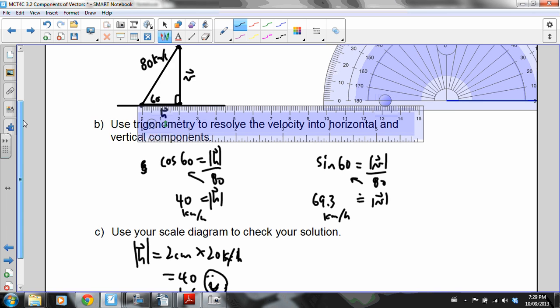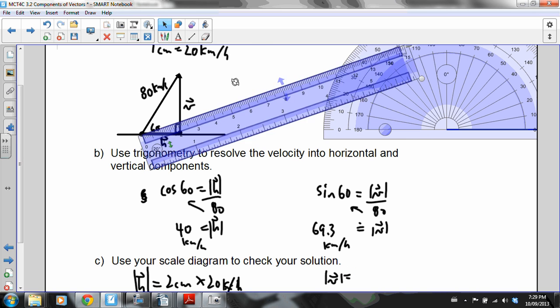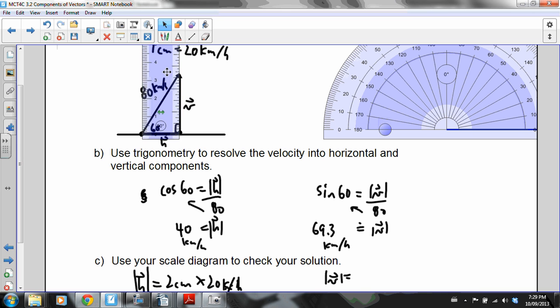This other one, the vertical component, let's try it. Turn my ruler here. All right. Measure it. What would you say there? About 3.5, maybe 3.5 centimeters.